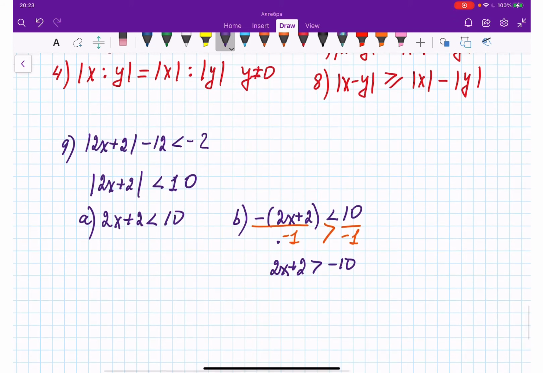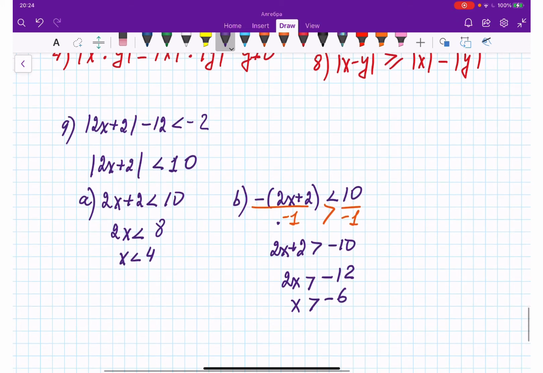From here, 2x less than 8, so x is less than 4. And this one, 2x is greater than -12, and x is greater than -6.